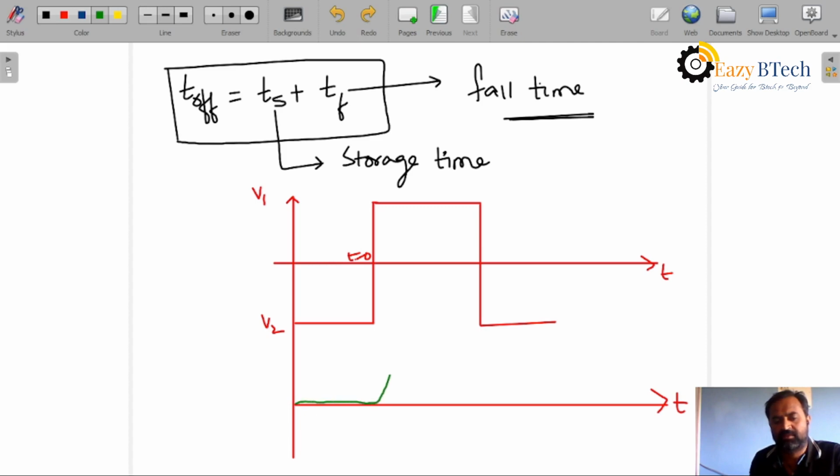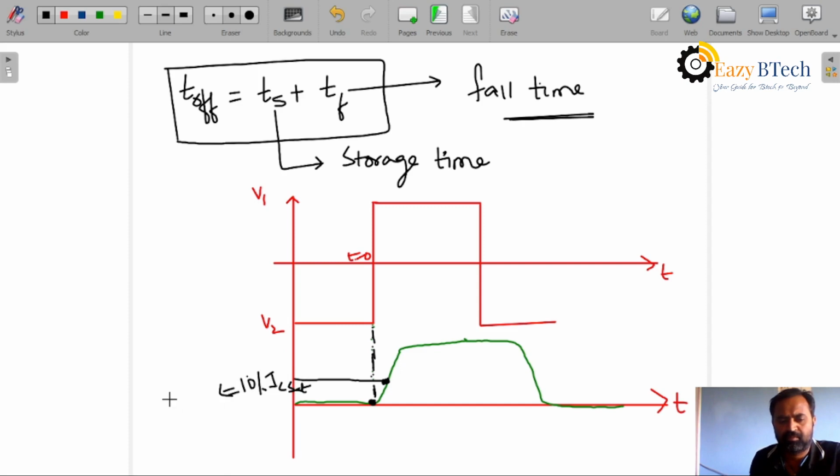Now you can see here, from this state to this state, this is point 1 state.